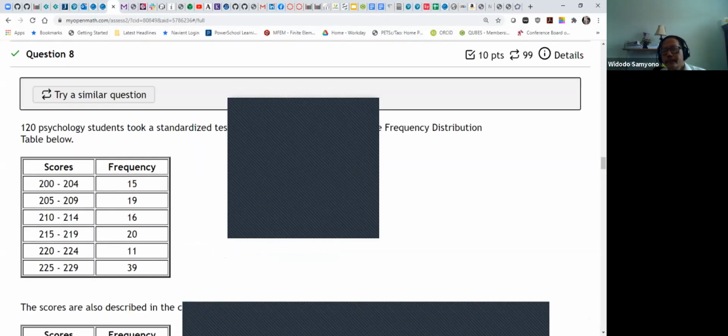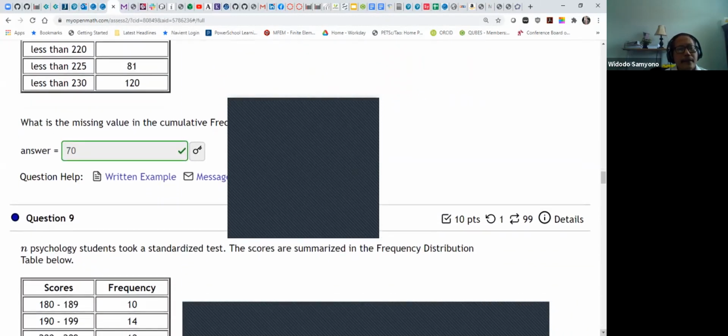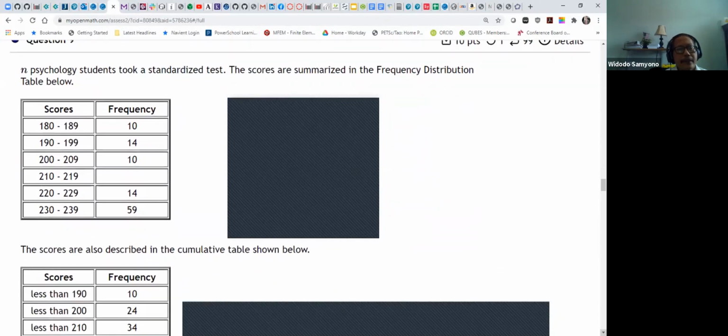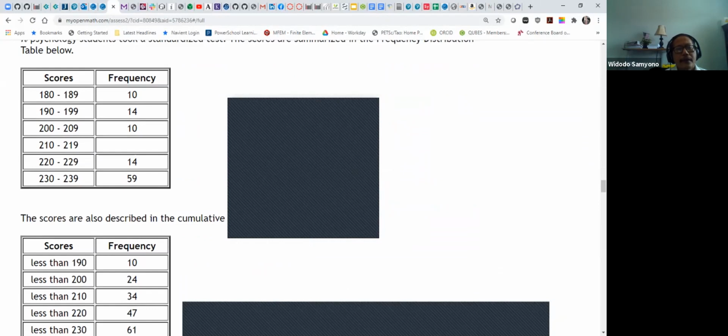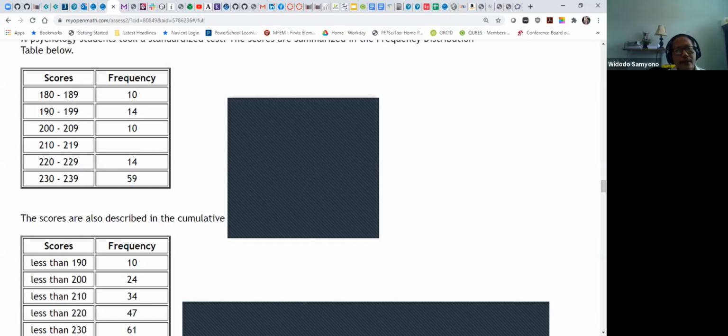Okay, so just like the opposite, right? Remember if you add these two, you got this one, right? If you add 24 with 10, you got the next cumulative frequency for the third class, right?